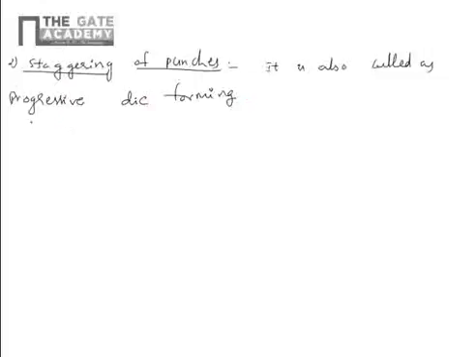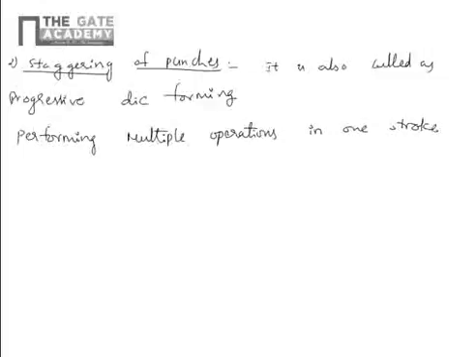In progressive die forming, we perform multiple operations in one stroke at different stages.